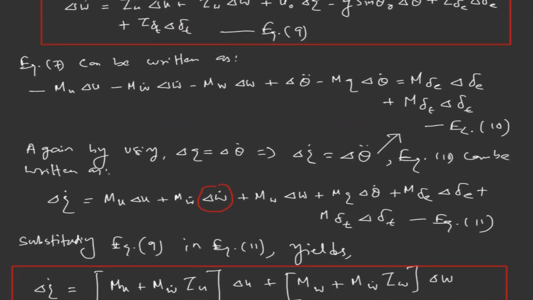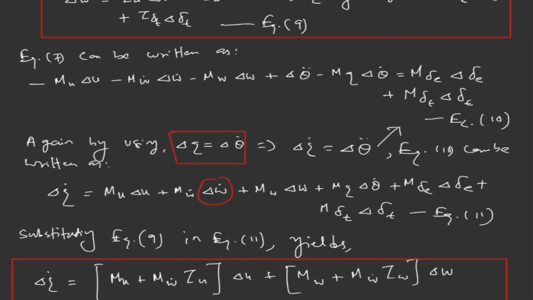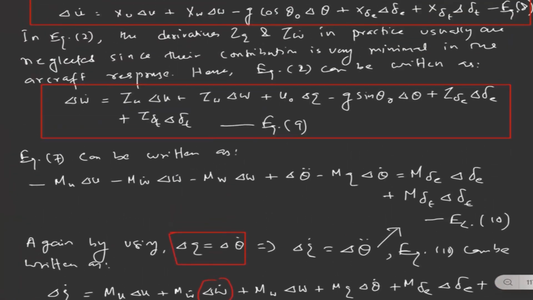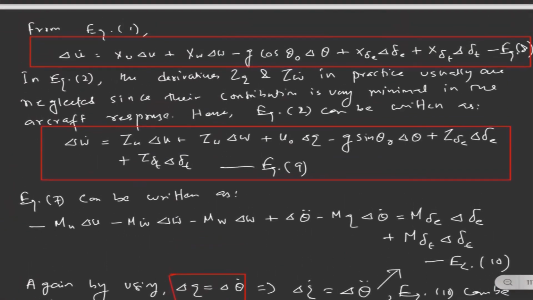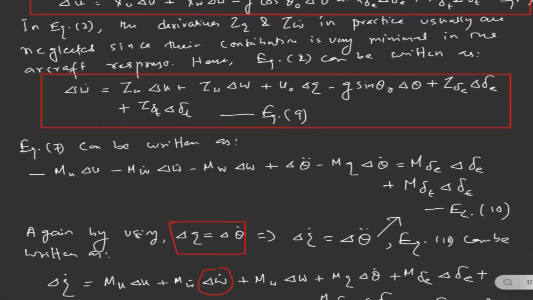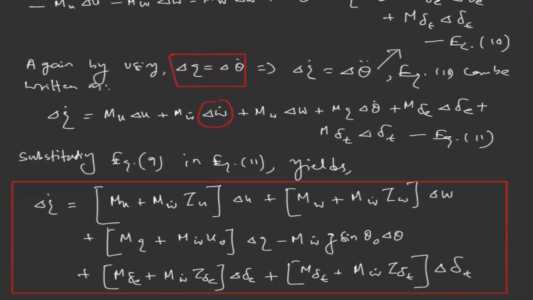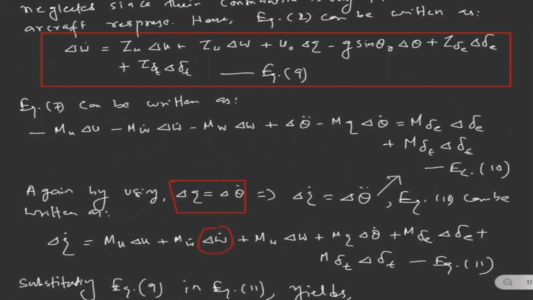Also, we need to consider this expression, because we need to know how the angle is going to change with respect to pitch rate. So we have four equations: delta U dot, delta W dot, delta theta dot, and delta Q dot. So we can now write the state space form, x dot equal to Ax plus Bu.